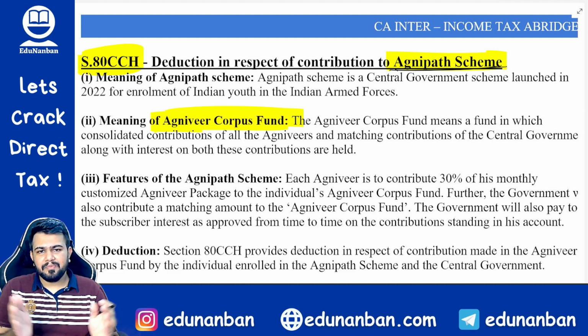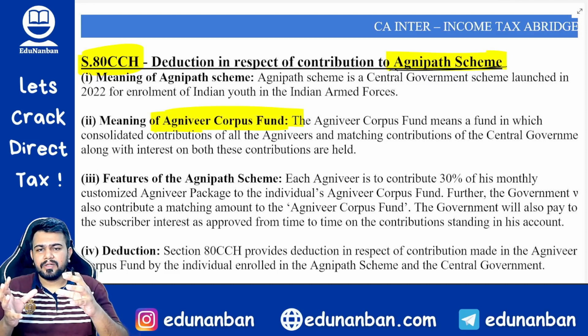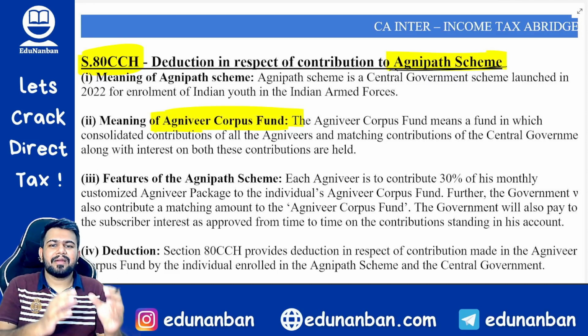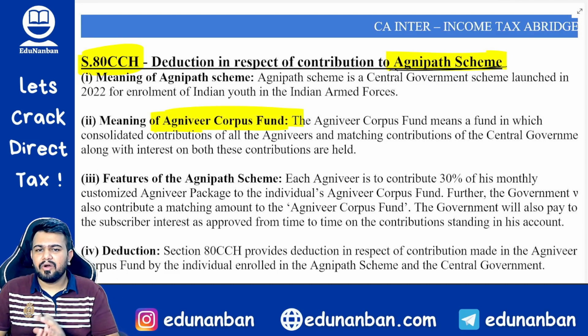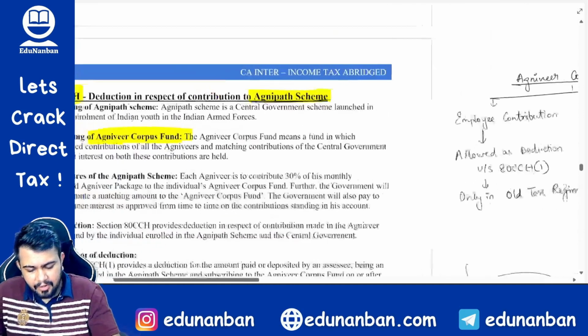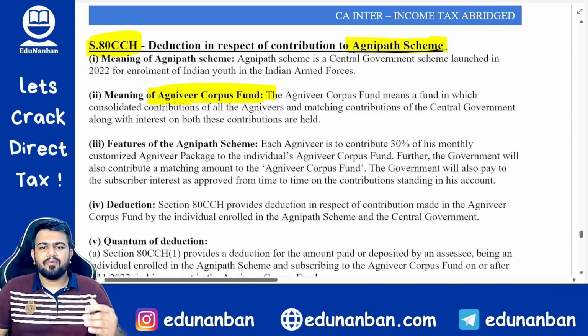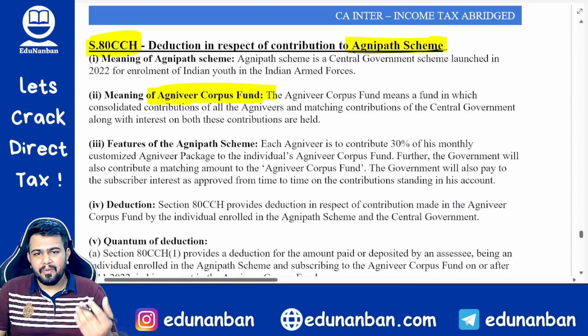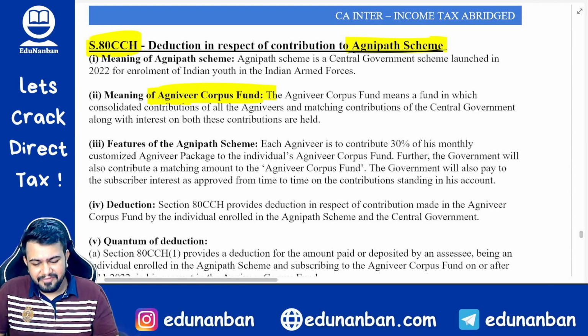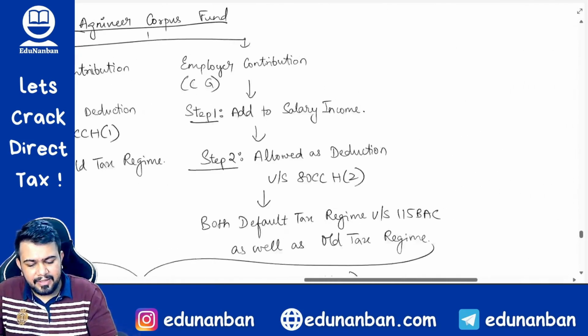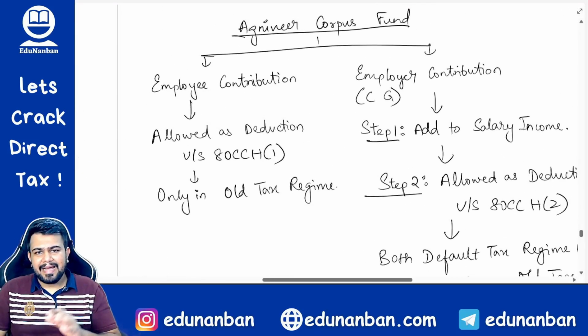And after the entire period is over, the total amount along with interest is given back to the employee. This is the concept. I am not going very deep into the features of the fund or why the government has brought it; you can browse the internet for that. I am only discussing the income tax aspect.